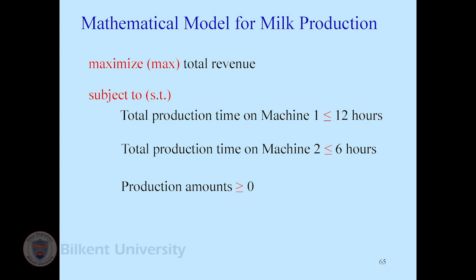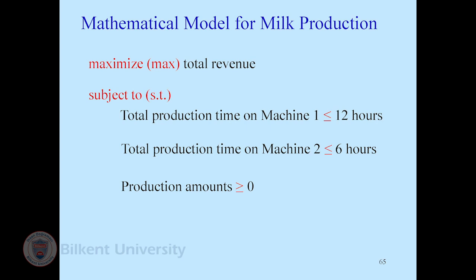Machine 2 can work at most 6 hours. And I cannot produce negative amounts. You have to tell the model, because it's just mathematics, those are just numbers, that they cannot be negative. Otherwise, it's not going to make sense for my original decision problem. So these are my physical limitations.